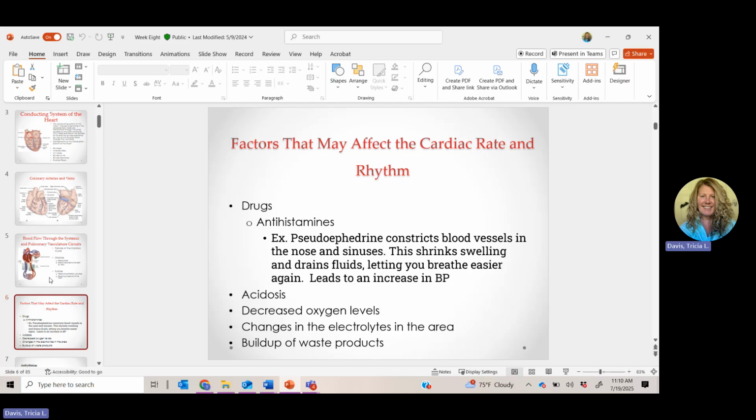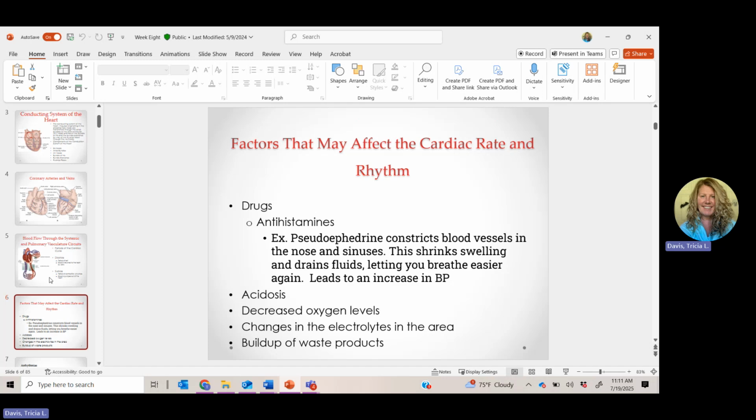Pseudoephedrine is responsible for constricting our blood vessels in the nose and the sinuses, so that it shrinks the swelling and helps drain the fluid, which is great. We love this. It helps us to breathe easier, but it is constricting blood vessels, and it doesn't know to just do that in the nose, so it does it everywhere.